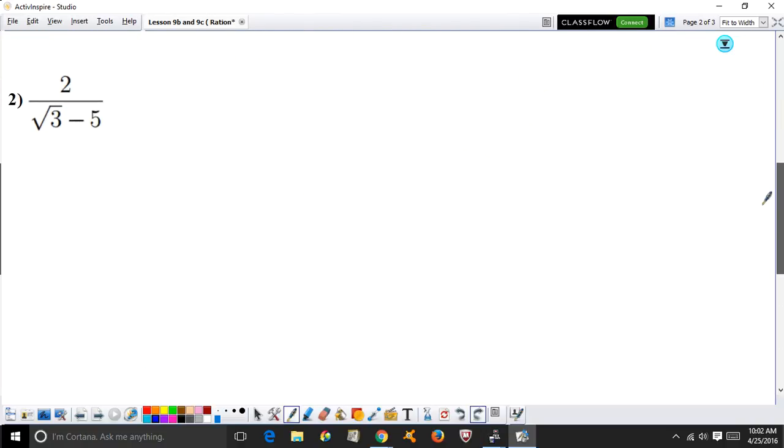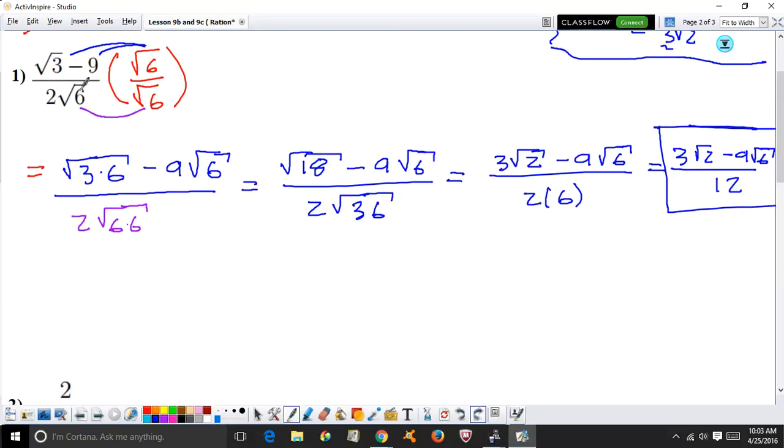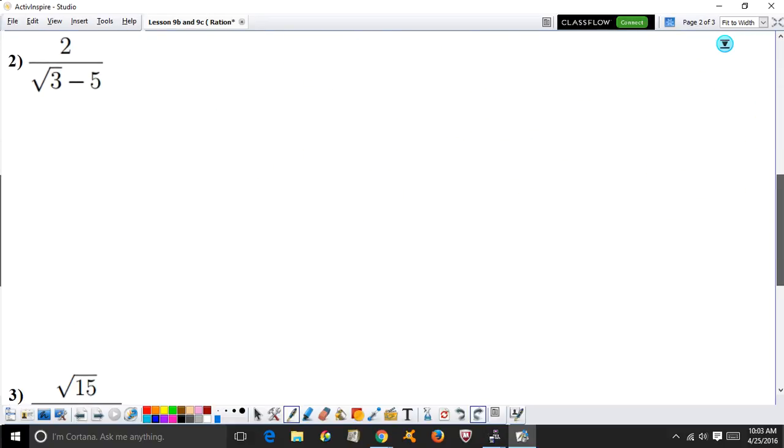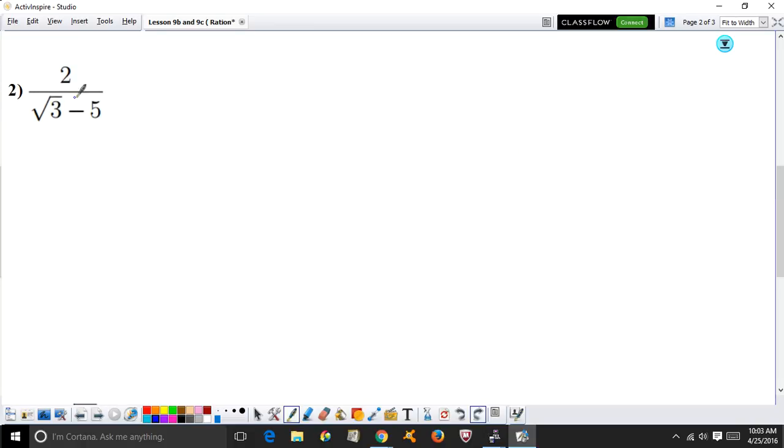Now, let's look at when we have a square root in the denominator. We certainly don't want that. But now we don't have just one term like we did in the first example. Here we have two terms in the denominator. So how do we rationalize this denominator?